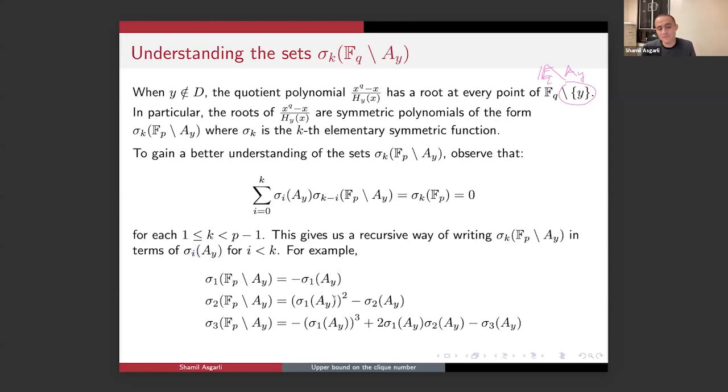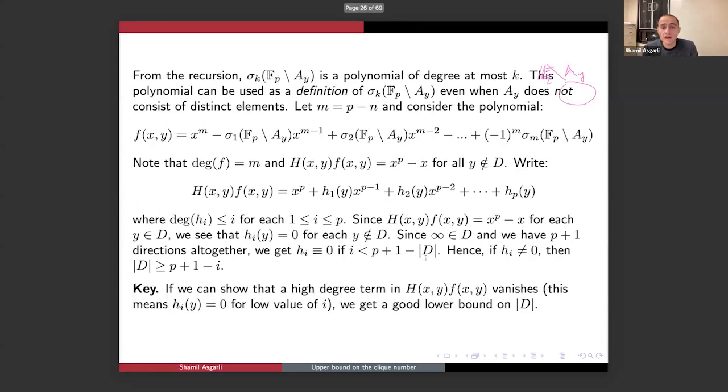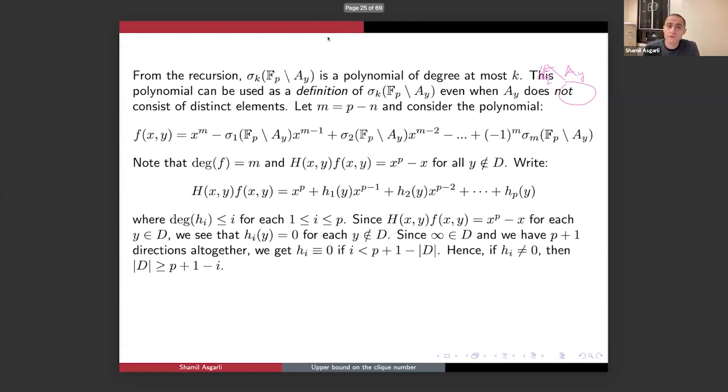So what's the punchline? The punchline is that the elementary symmetric functions of F_p minus A can themselves individually be expressed as polynomials in sigma i of A. And this is going to be useful because from the recursion, we get that this is a polynomial of degree at most k.